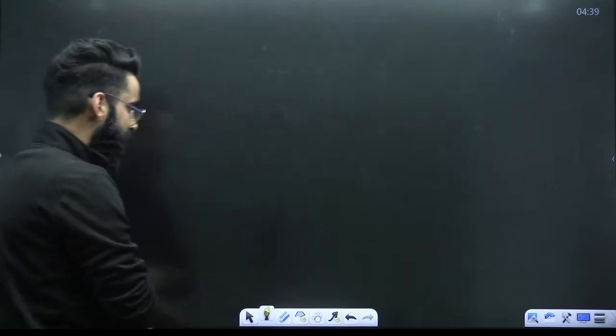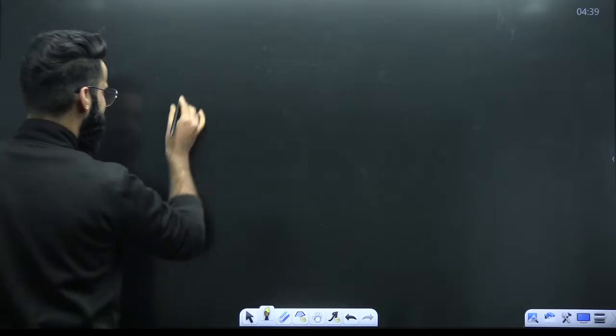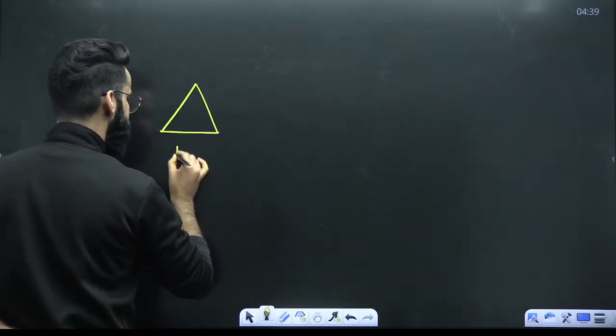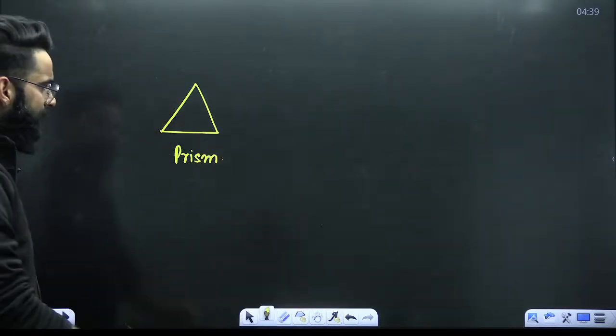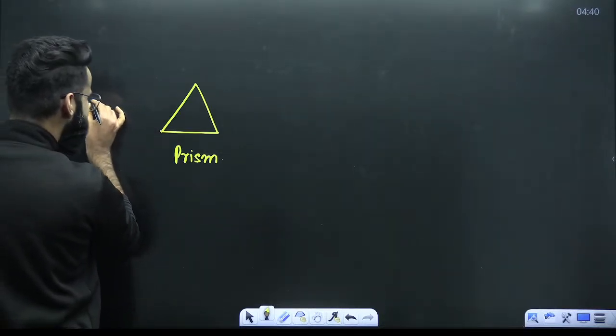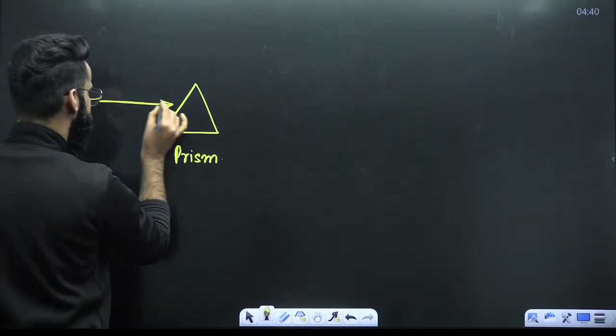Let's have a look. For example, just to make you understand, let's say I'm taking a prism over here, right? My dear students, let's assume that I have got a white light, which is incident on this prism.